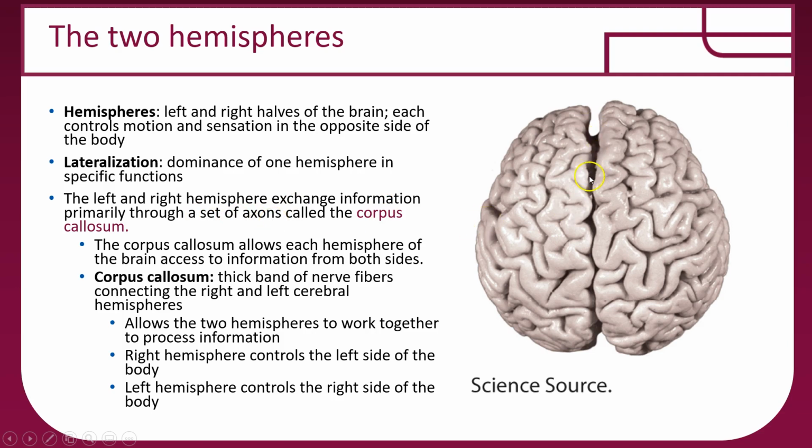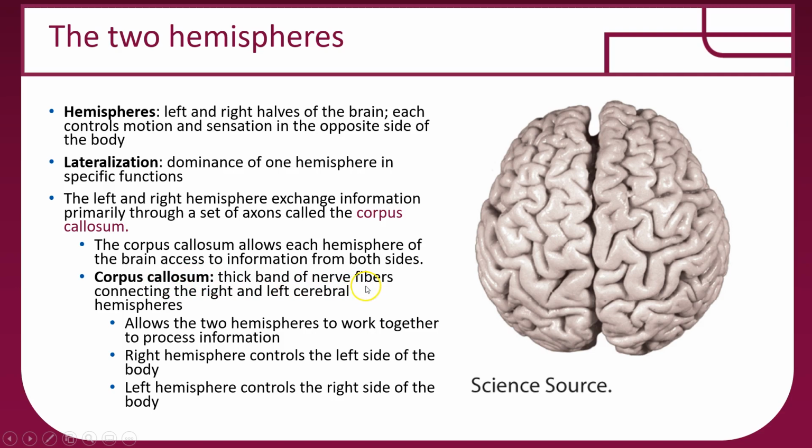So you can see that these two hemispheres, you can look right down the middle here, are not really connected. They're absolutely separate, except there is a bridge deep within here that connects the two hemispheres, so the two hemispheres can communicate with each other. And that bridge is called the corpus callosum.